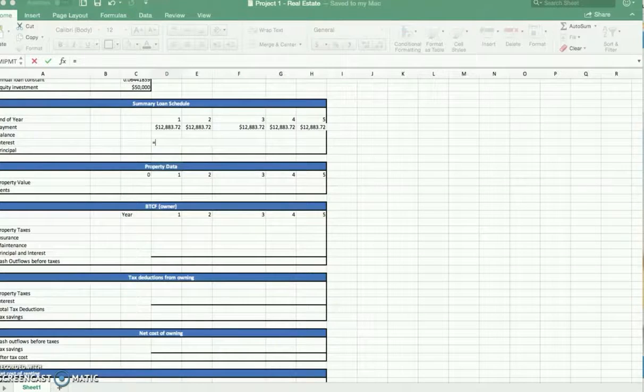All right. So to do the interest calculation for the summary loan schedule, I'll start by doing the cumulative interest payment function.